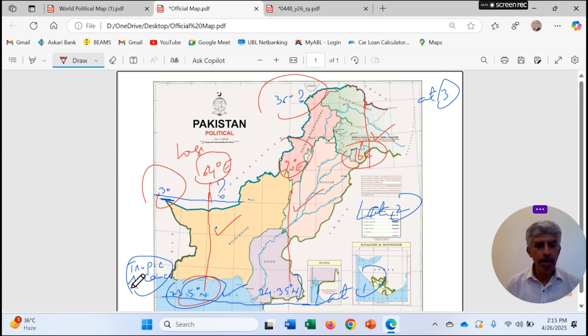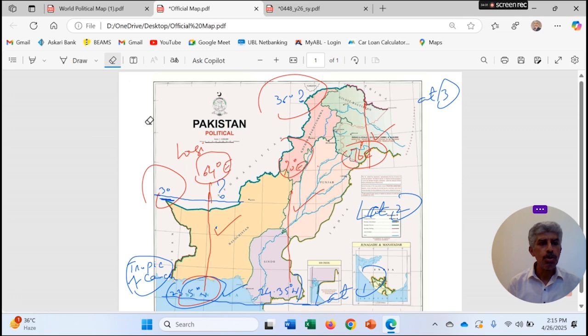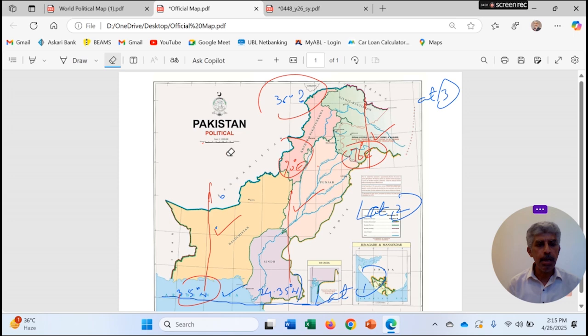So this is the identification of the longitude and latitude that is part of your syllabus. So erasing all and moving to the next part, that is the neighboring countries of Pakistan, which may come in the labeling factor, and you must be knowing about them all as well.